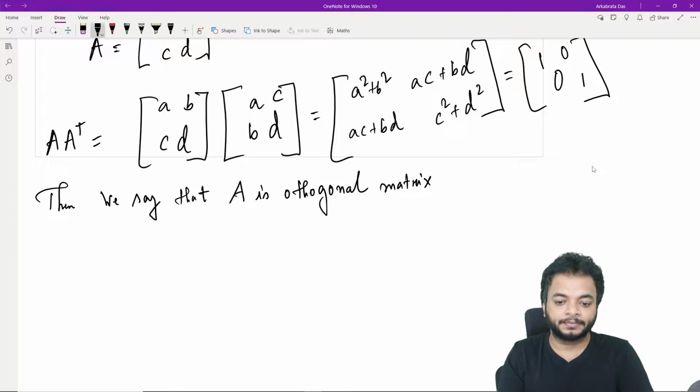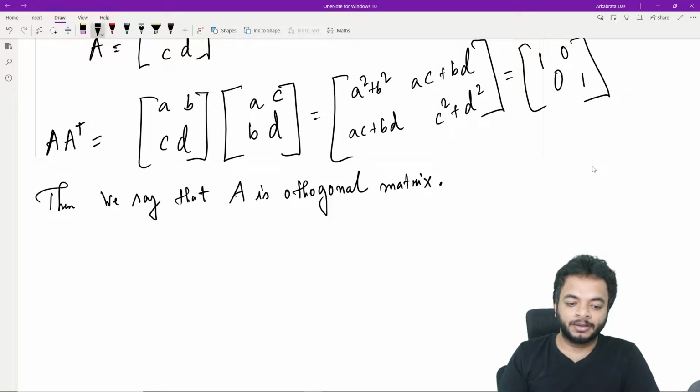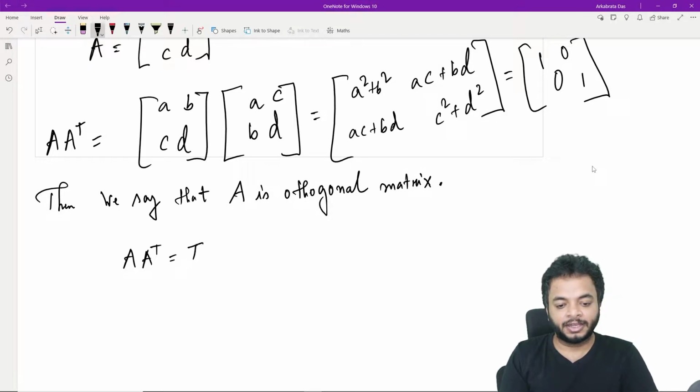Now for an orthogonal matrix, there are certain very nice properties. Like you can prove that the determinant of an orthogonal matrix is non-zero. Why? Because you see that A times A transpose equals the identity.